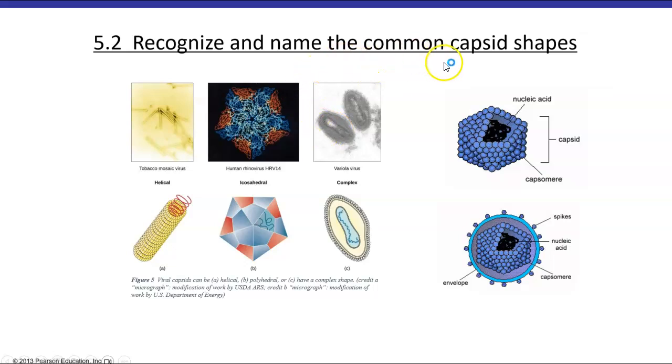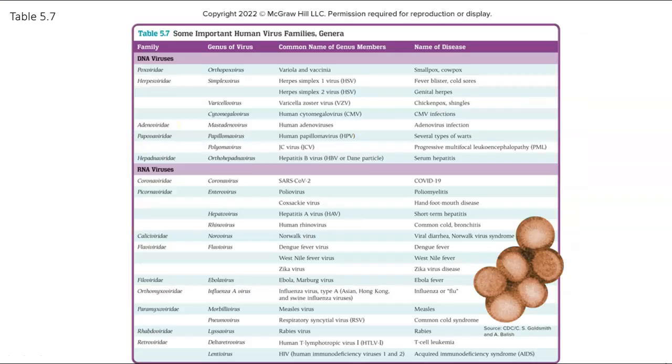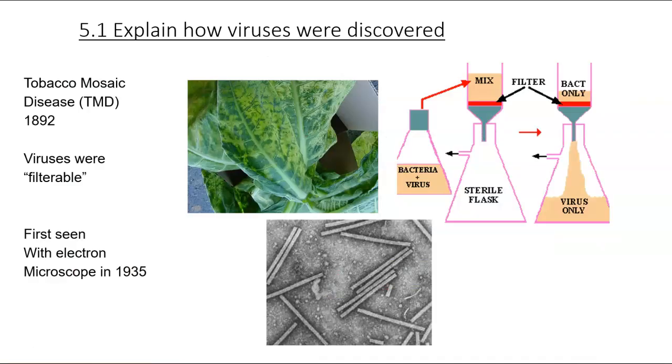Recognize the common capsid shapes. There's three general shapes that you'll see in capsids. One is elongated. Remember we looked at that tobacco mosaic virus? We looked at that tobacco mosaic virus, and they're really long, kind of long stick-like things.